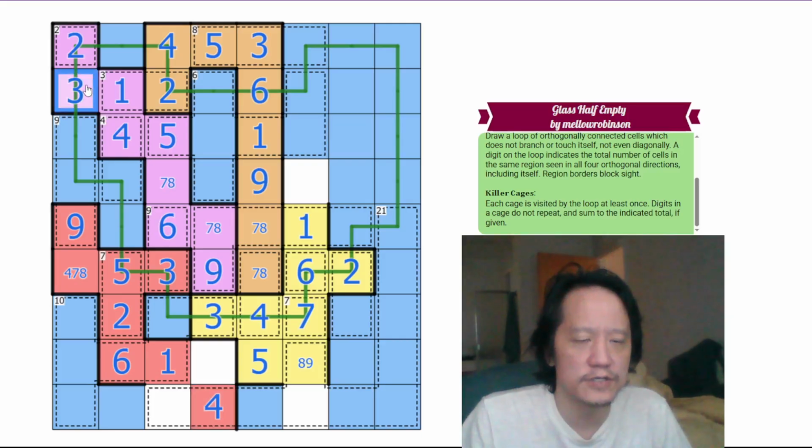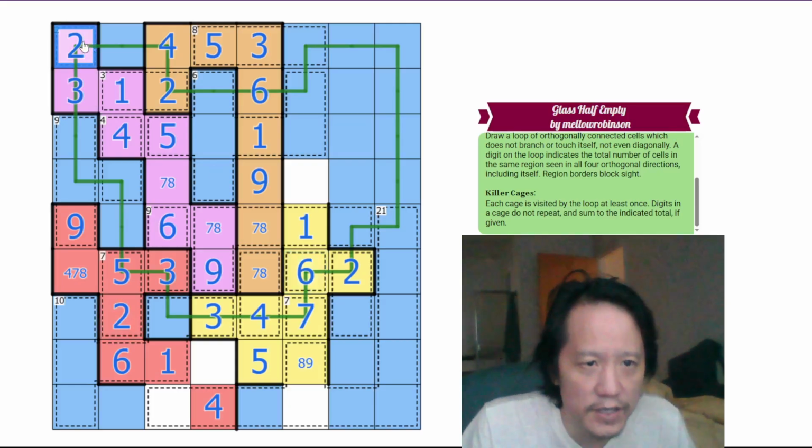Again, okay, so this sees 3 cells in this region. This sees 2 cells in this region. This sees 4 cells in this region, 2 cells in this region, 6 cells in its region, 5 cells in its region, 3 cells in its region, 3 cells in its region, 4 cells in its region, 6 cells in its region, 2 cells in its region, and then these are all blank. So that's 5.